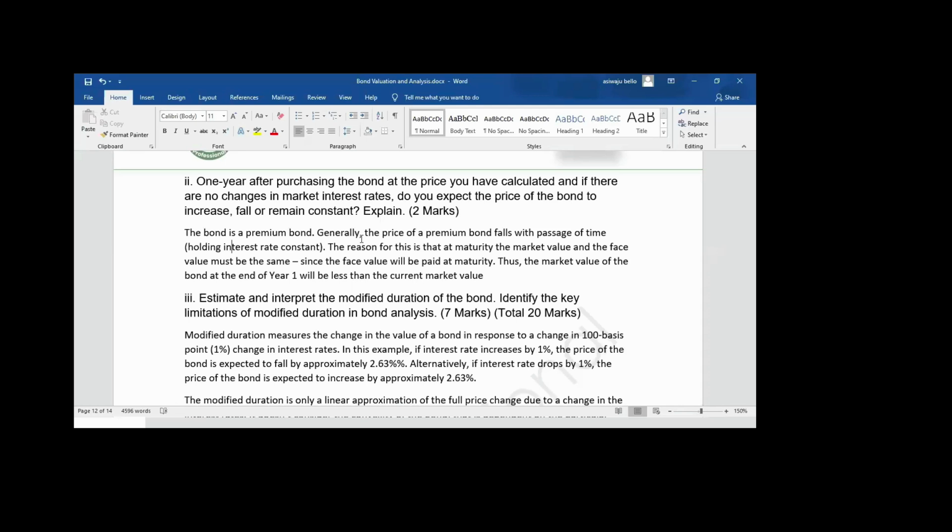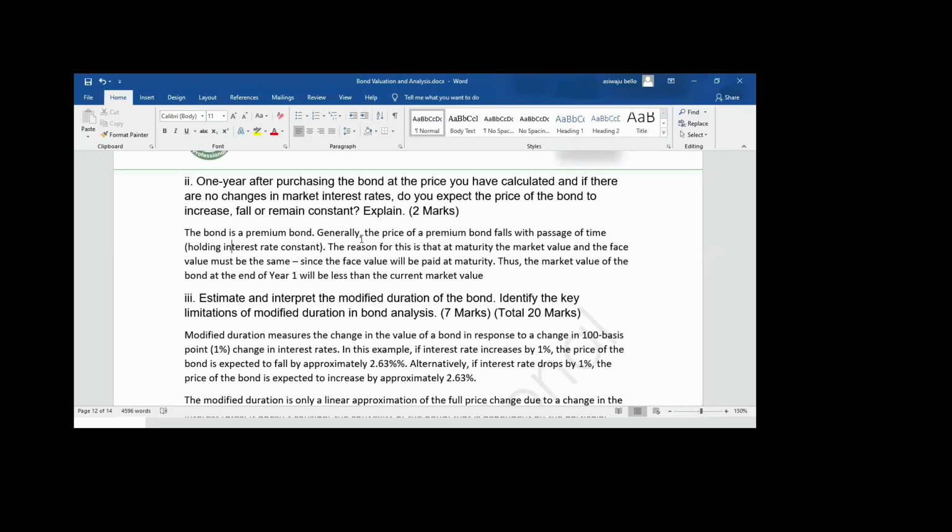It is used to determine the change in the price of a bond when there's a small change in interest rates.